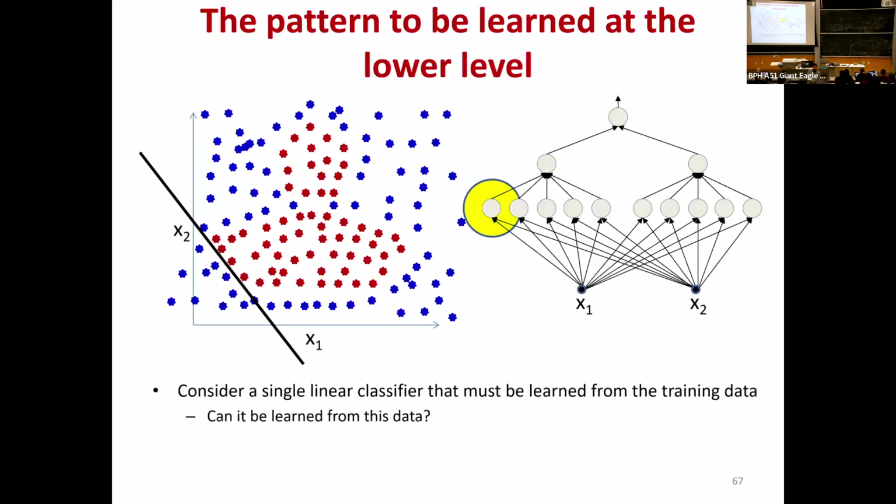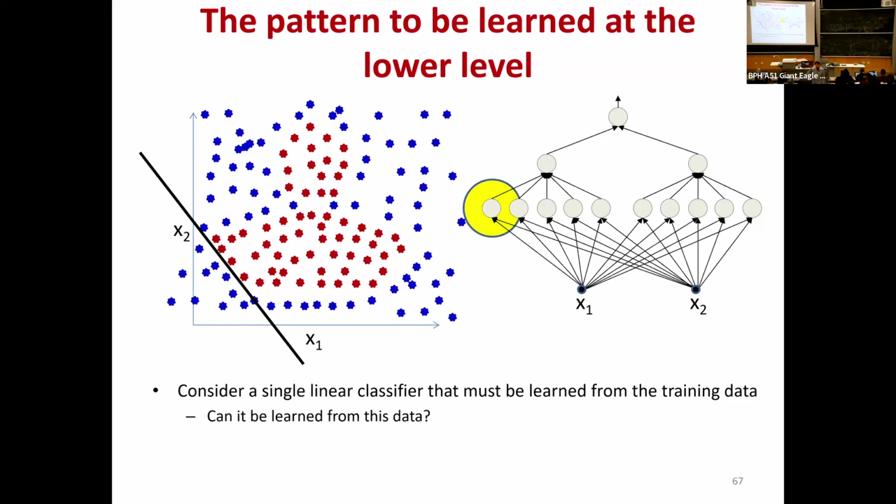So I'm only left with the problem of learning the weights for the 10th perceptron, which I've shown encircled. The training data I have, of course, are the red and the blue dots. Can I learn that perceptron from this data?